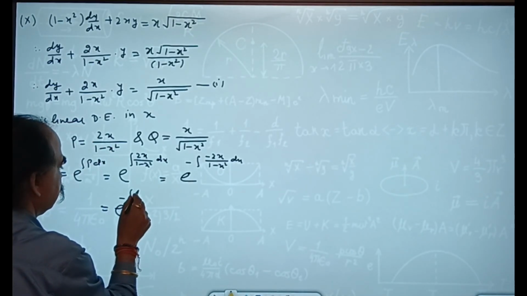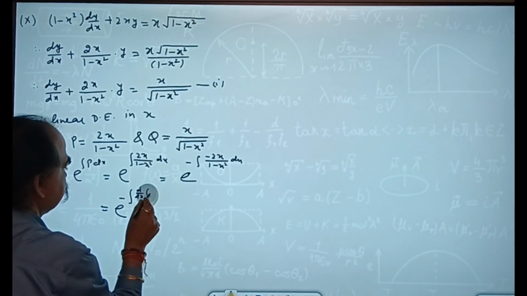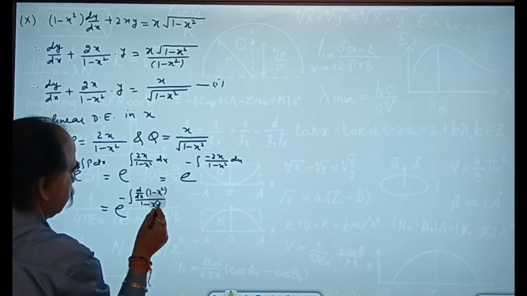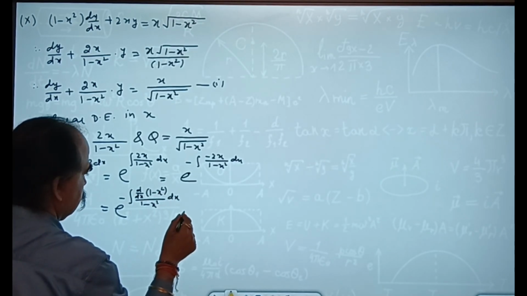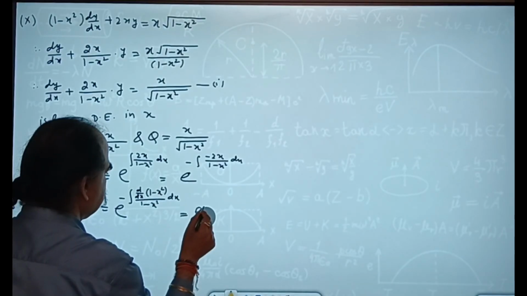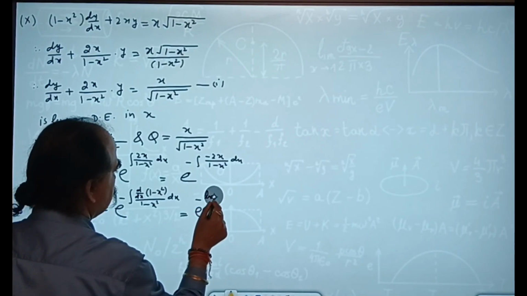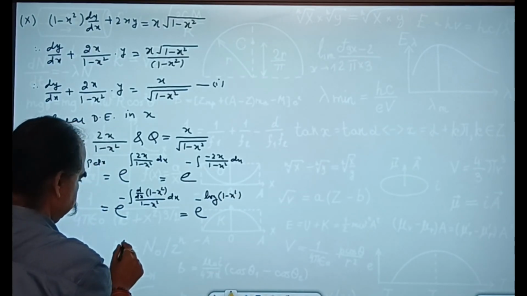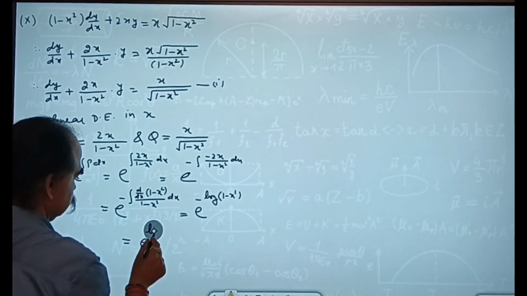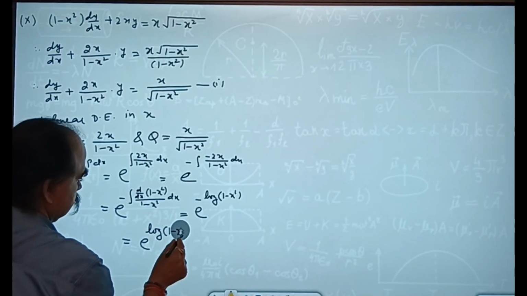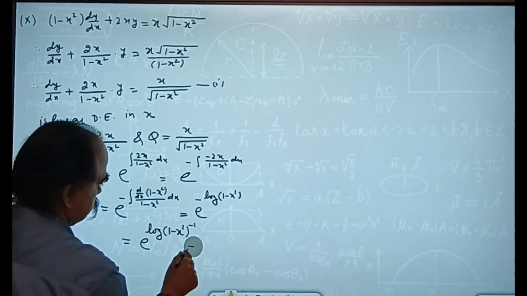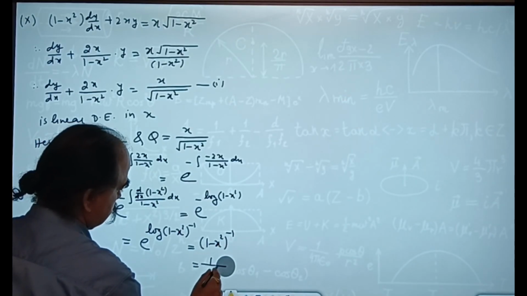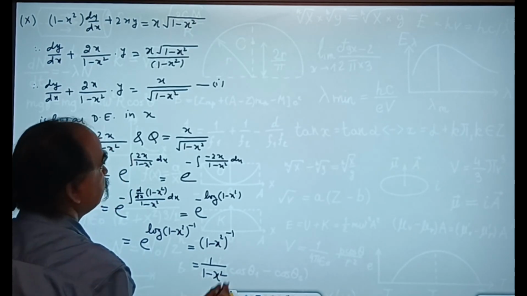Derivative of denominator, d by dx of 1 minus x square upon 1 minus x square, which is equal to e raised to minus log. This is integrating factor.